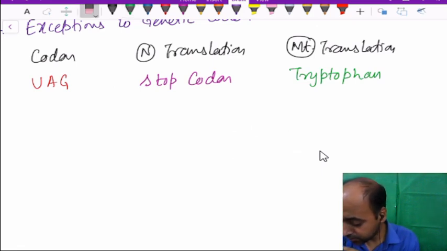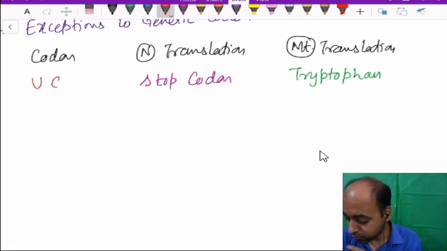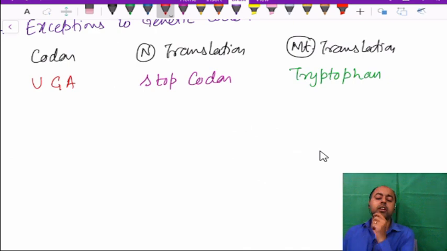Not UAG, sorry, it is UGA. UGA is normally a stop codon. In mitochondria, it codes for tryptophan.